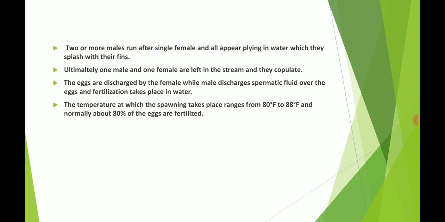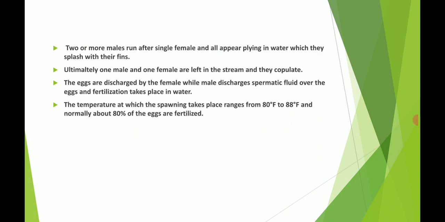In Wallago attu, fertilization takes place externally. The female deposits the eggs in the water, and the males deposit their sperm over the eggs or near the eggs, and then fertilization takes place externally.